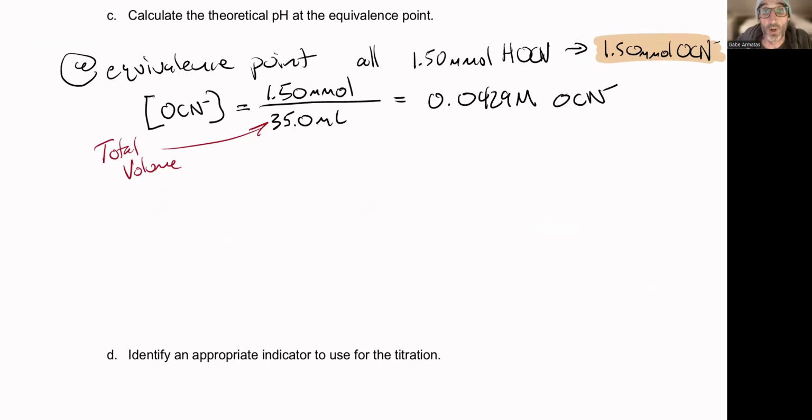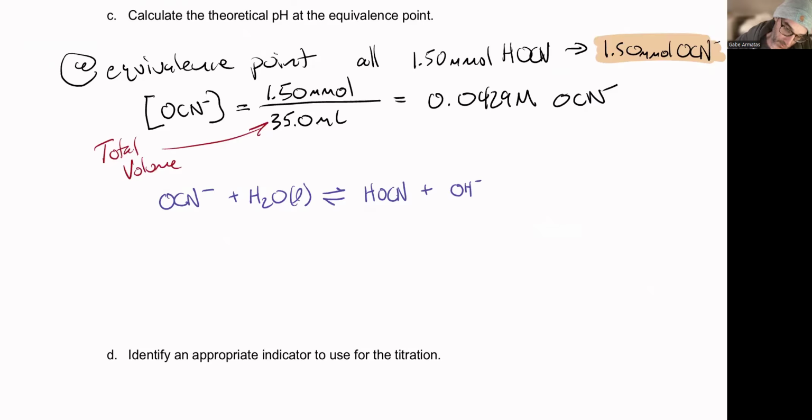Okay, great. This is 100% base. So what this means is instead of doing a Ka, we're doing a Kb. So the reaction of a base OCN minus reacts with water. It's in equilibrium to produce HOCN, so the conjugate acid, which we started with, plus OH minus.